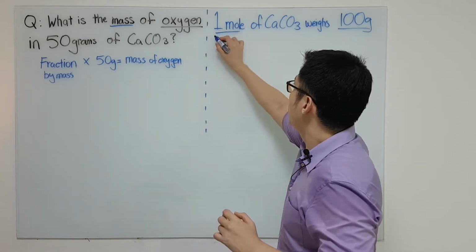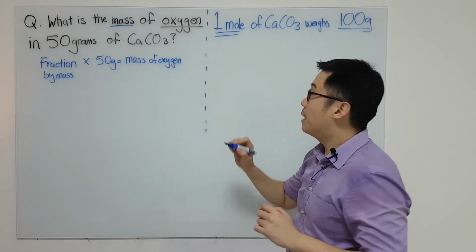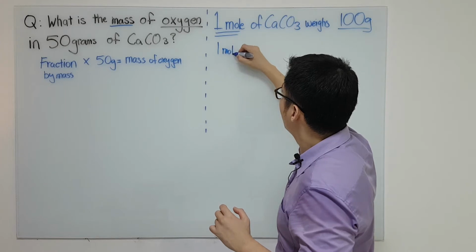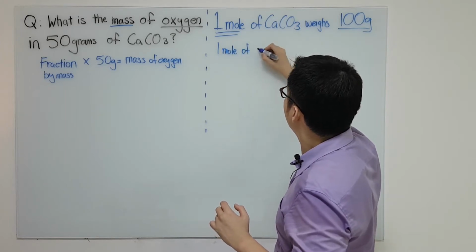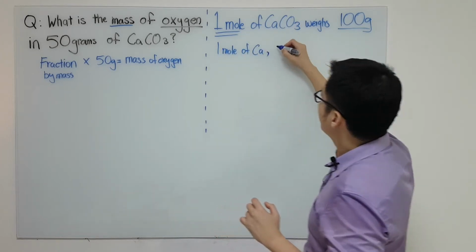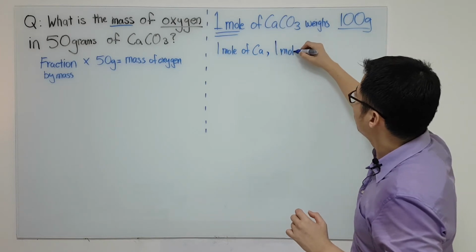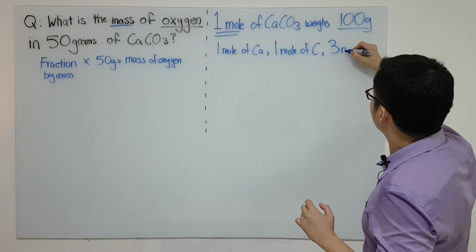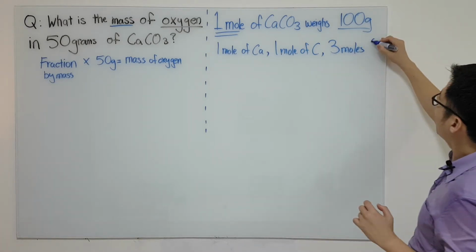Now, 1 mole of calcium carbonate would have 1 mole of calcium, 1 mole of carbon, and 3 moles of oxygen.